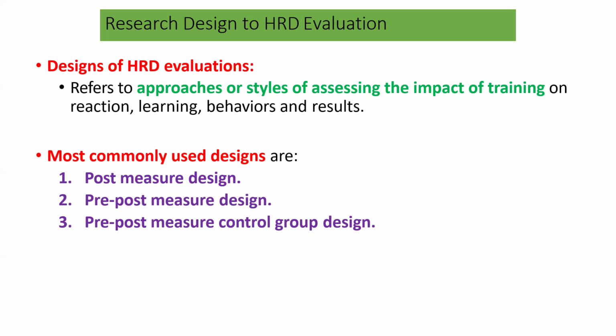Suppose before the training program their performance level is nearly 20%. After the training program, their performance level is nearly 70%. The gap is nearly 50%, which means that 50 percent has been increased by the training, right? So training is really successful because employees' performance has been increased by nearly 50%.